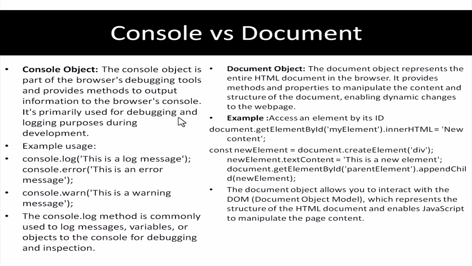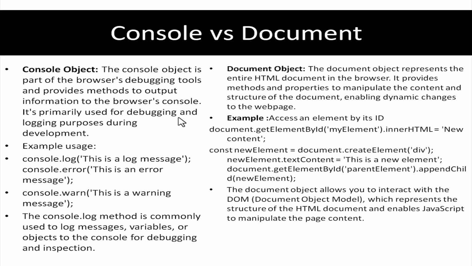It is a part of the debugging tool, but we do not see it within the HTML tag if we run that particular page. So you need to install the JavaScript debugger in your VS Code, otherwise you cannot see whatever message you have given in the console log.